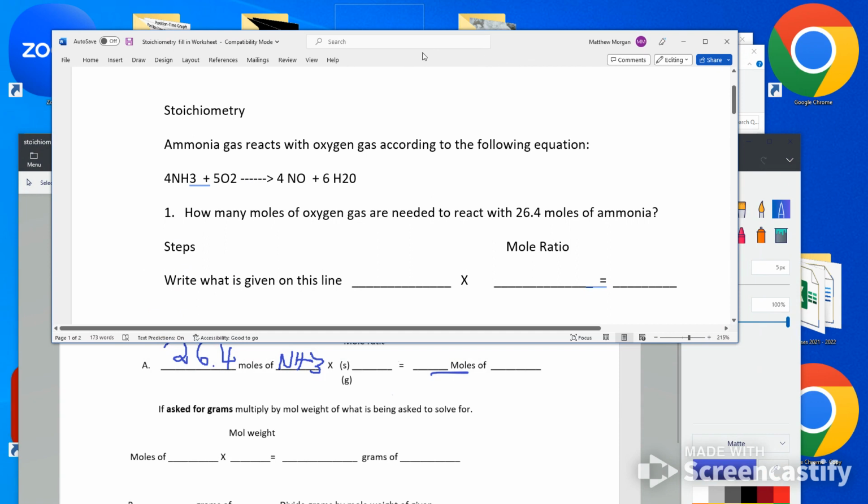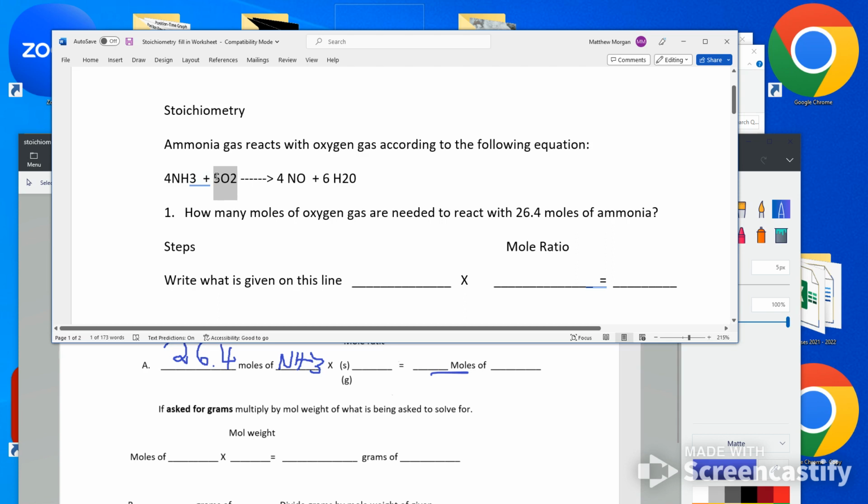The first thing when you're doing stoichiometry is to set up your mole ratio. What is given and what are you looking for? You're given ammonia. And when you're setting up the mole ratio, you need to look at your coefficients of what is given, and what are you looking for?